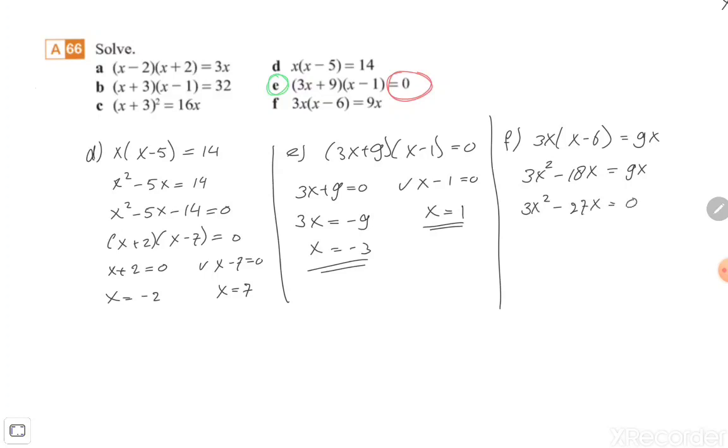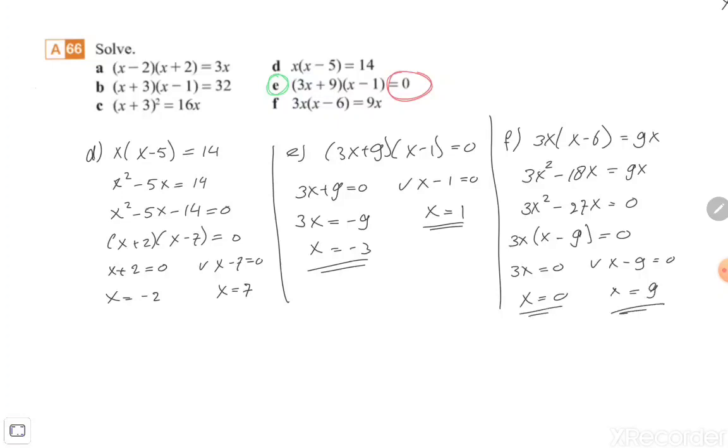We can factorize to put the 3x outside the brackets. 3x, then you still have left inside the bracket x minus 9, is equal to 0. So 3x is equal to 0, or x minus 9 is equal to 0. So x is 0, or x is 9. And those are the solutions from exercise F.